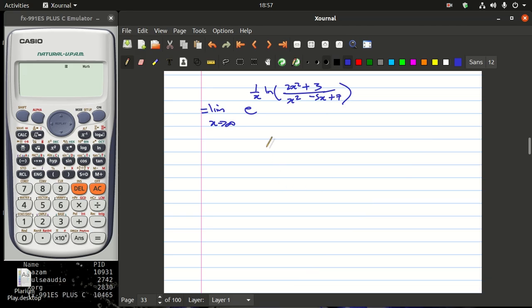Now, because I know that the function e to the power x is actually continuous everywhere, therefore, I can just say that this is going to be e raised to the limit as x approaches infinity of 1 over x times ln of 2x squared plus 3 over x squared minus 5x plus 7.